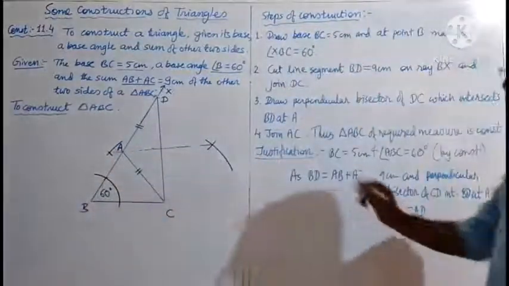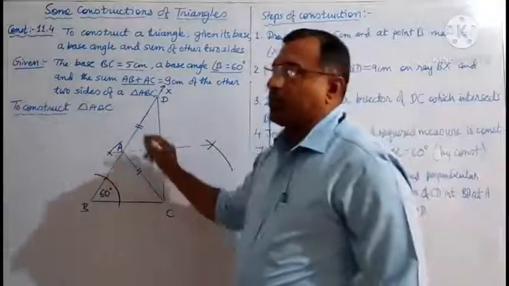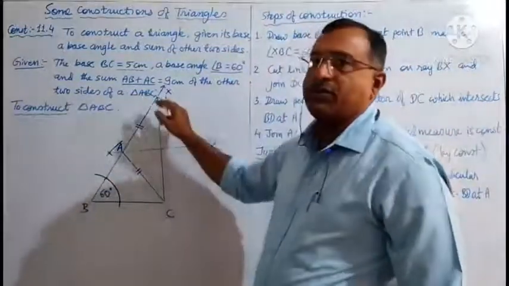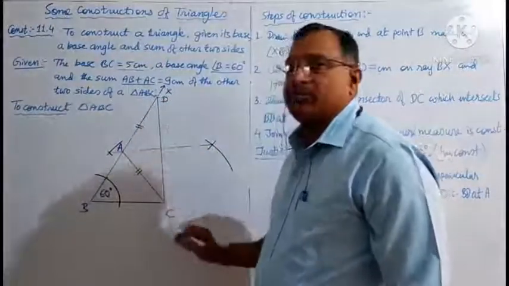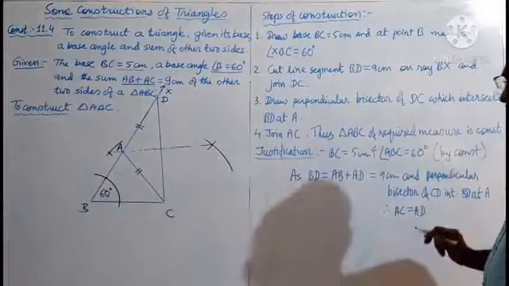Reason? Equidistant. Each and every point on the perpendicular bisector is equidistant from the end points of the line segment. So your line segment is CD. So A is equidistant from C and D, and therefore AC is equal to AD.